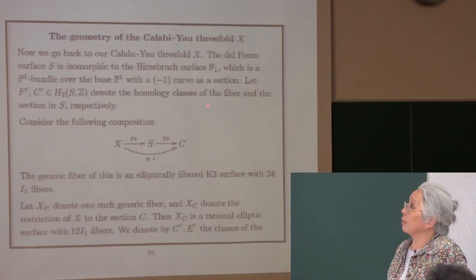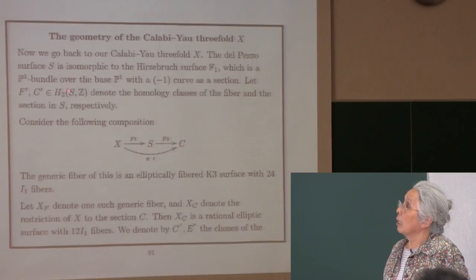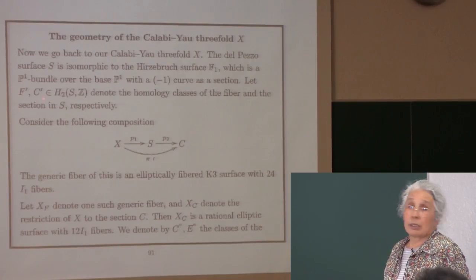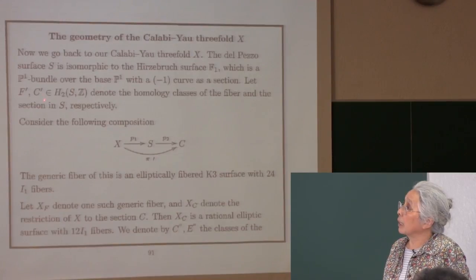That's the Hirzebruch surface. It's a very simple surface. So I fix a homology class of a fiber, which I call F prime, and the homology class of the section S. So in this homology group, I fix the class of fiber and section.